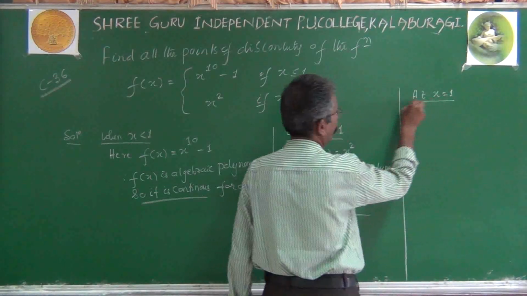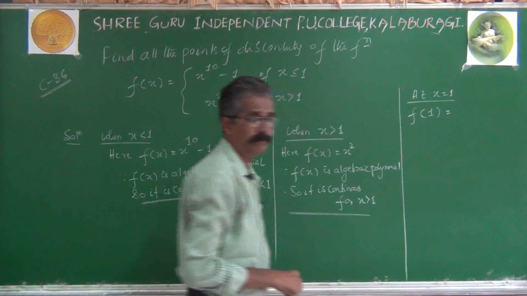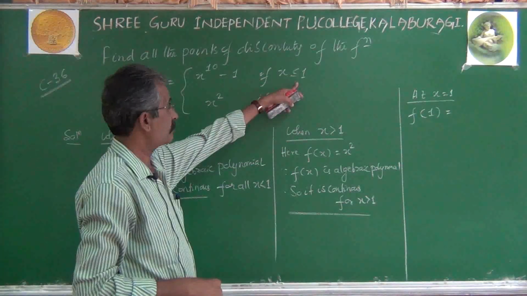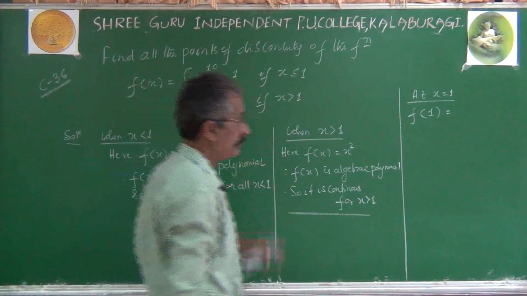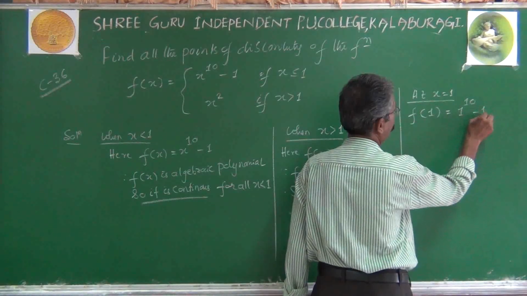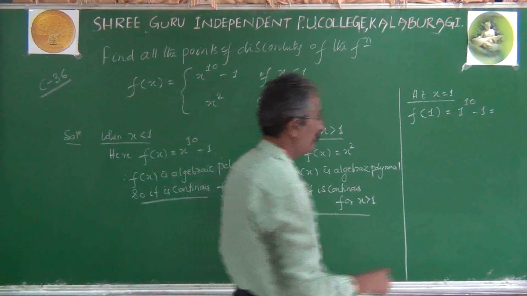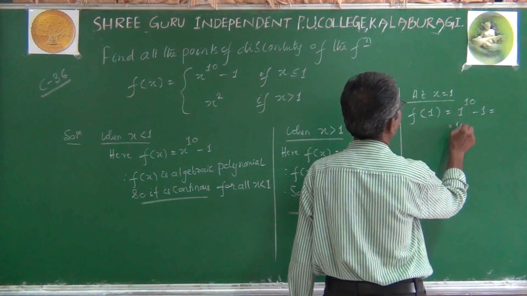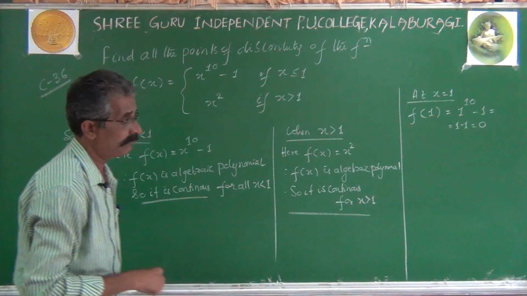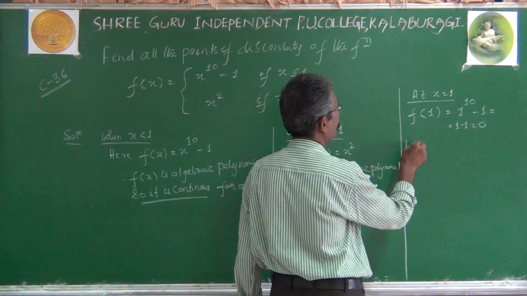Next, at x equal to 1, f of 1, that is f of a, here x equal to 1 satisfies the first part, so put the x value as 1. It becomes 1 to the power of 10 minus 1. However, 1 to the power of 10 is 1, and 1 minus 1 is 0. That is f of 1. Let's find the left hand limit.